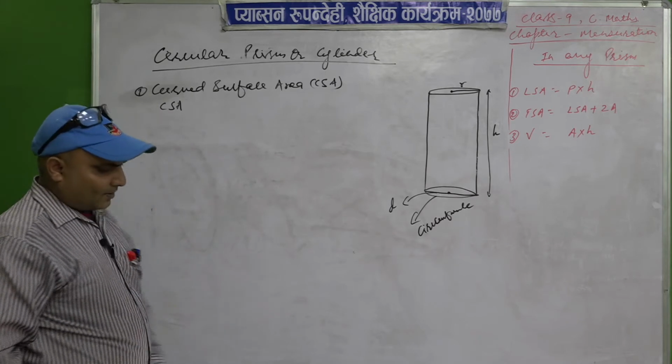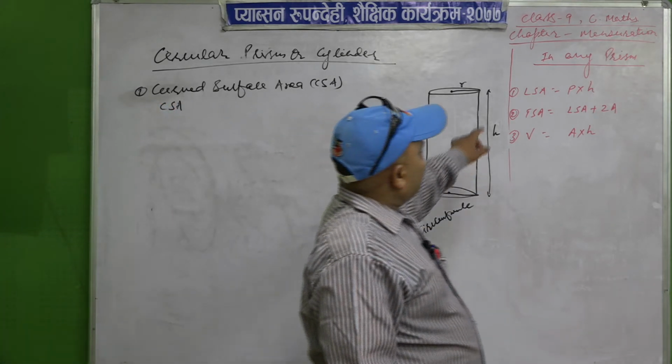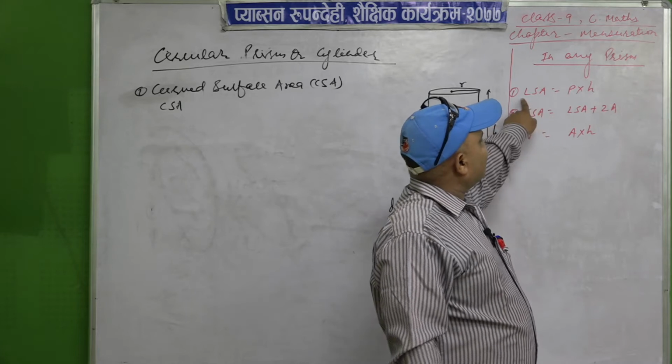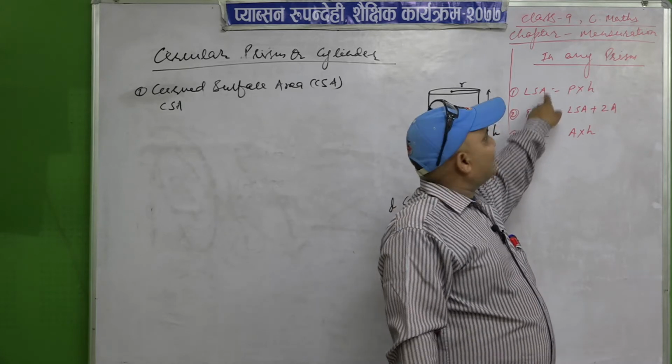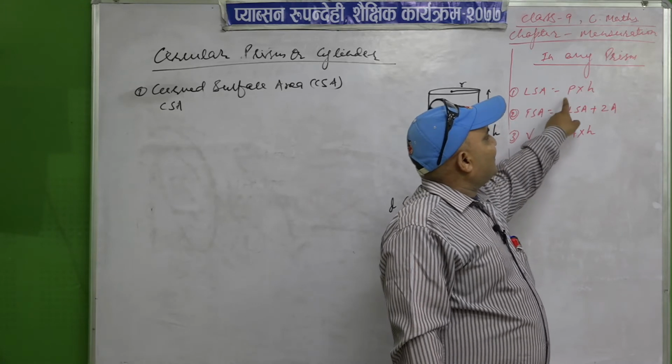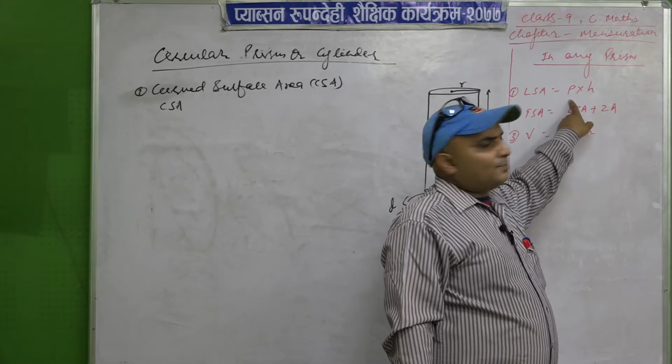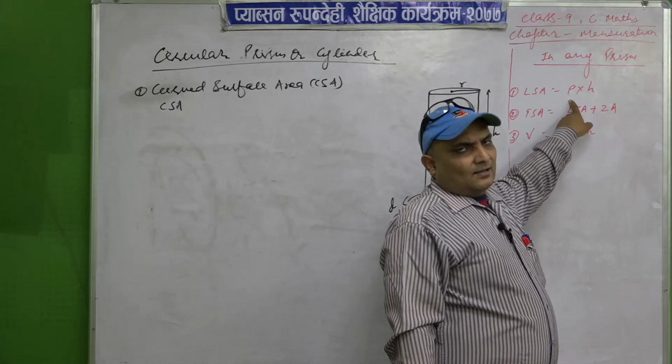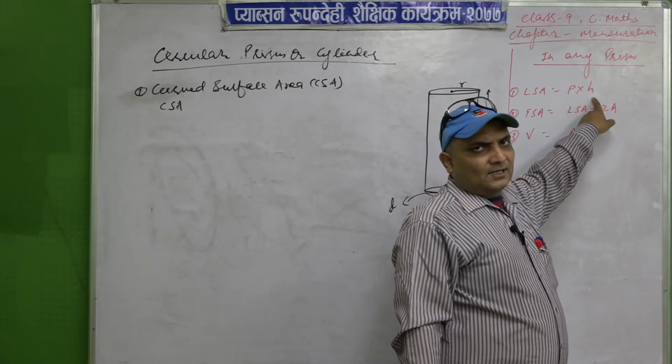Now take our basic formula for LSA or TSA. What is the formula for LSA in any prism? In any prism, the LSA is P into S. P means perimeter of the base, S is height of the prism.